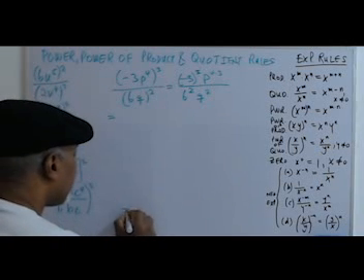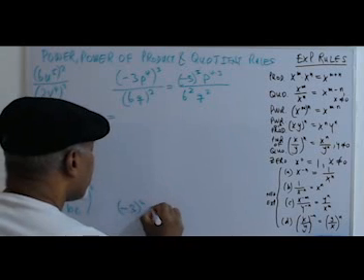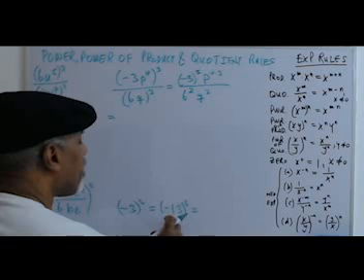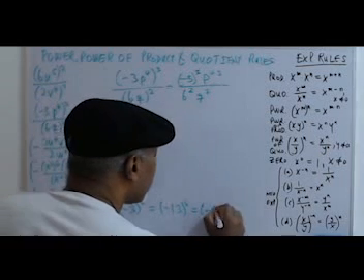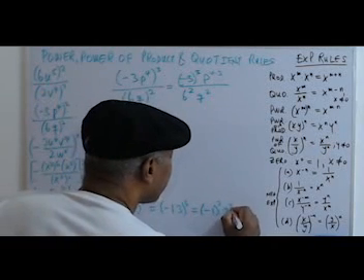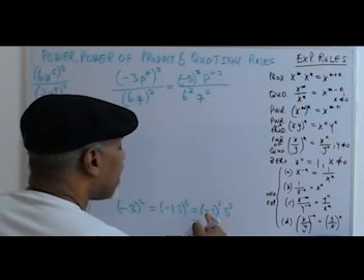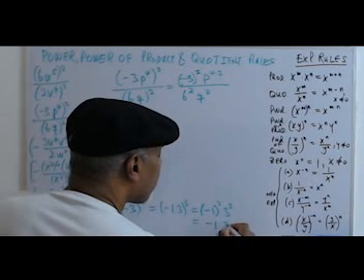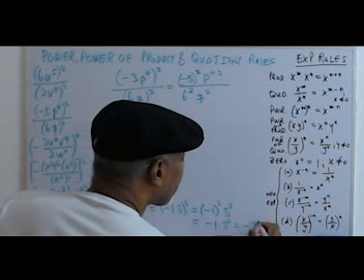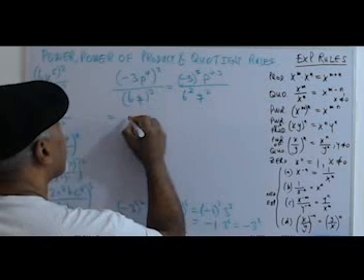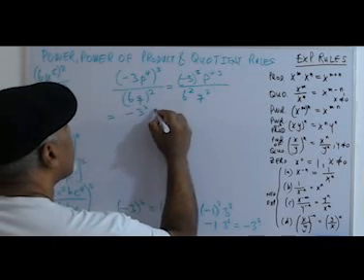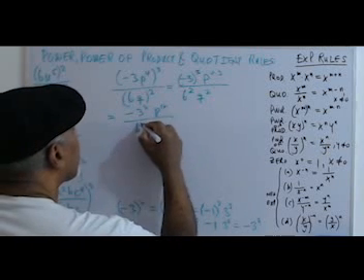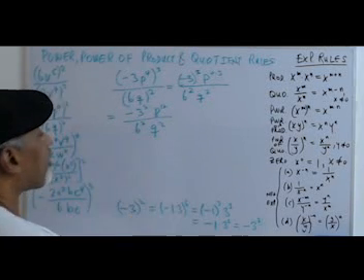Negative 3 cubed can be rewritten as negative 1 times 3 cubed. Again, using the power of a product rule, this is negative 1 cubed times 3 cubed. And we know that negative 1 raised to an odd power is negative 1. So this is negative 1 times 3 cubed, or just negative 3 cubed. So we have here negative 3 cubed p to the 4 times 3, 12, over 6 squared times q squared.